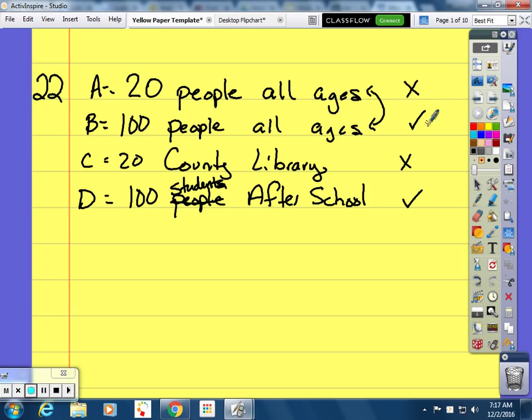It could be 100 grandparents. And their answer is not going to be the same as their grandkids. So it's not this one. It has to be where he actually asks students the question. So in this case, the correct answer would be 100 students at an after-school event.